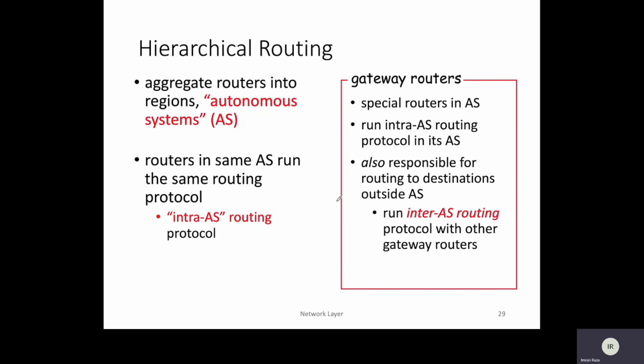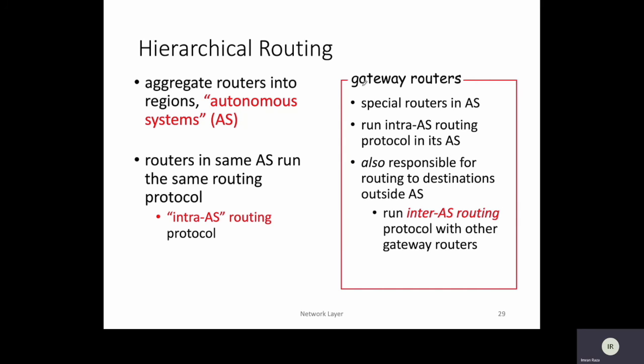So what we have done is we have divided the internet world into autonomous systems. Every network is an autonomous system, so we aggregate the routing information into autonomous systems, AS. So we have two types of routing protocols. There are protocols used for intra-autonomous system routing within an autonomous system, and there are routing algorithms used for inter-autonomous system routing.